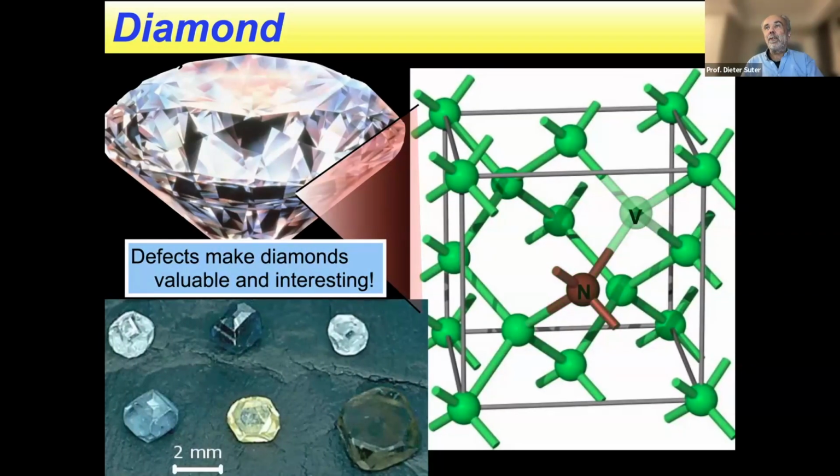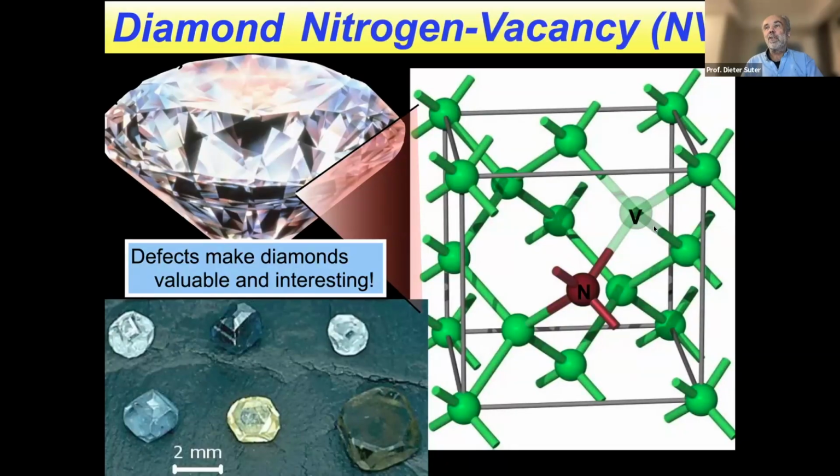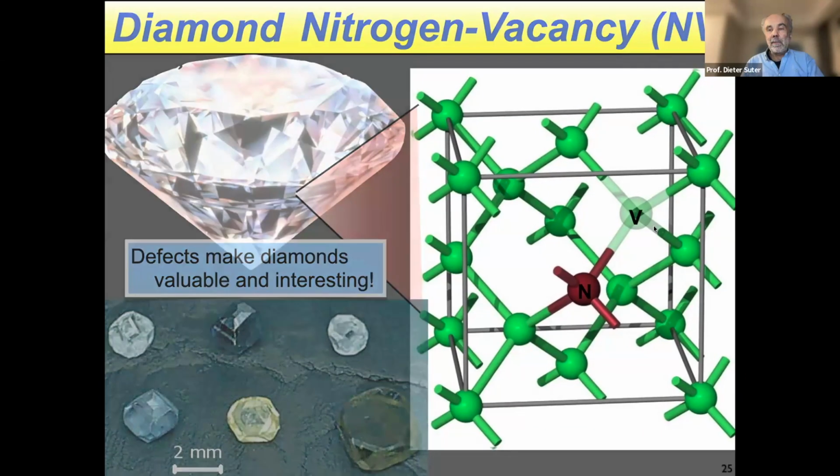The most popular defect is the nitrogen vacancy center, which you get if you remove 2 of the carbon atoms. One of them you replace by a nitrogen, and the second one you leave empty. So you have a nitrogen atom adjacent to a vacancy, and that's called the nitrogen vacancy or NV center.